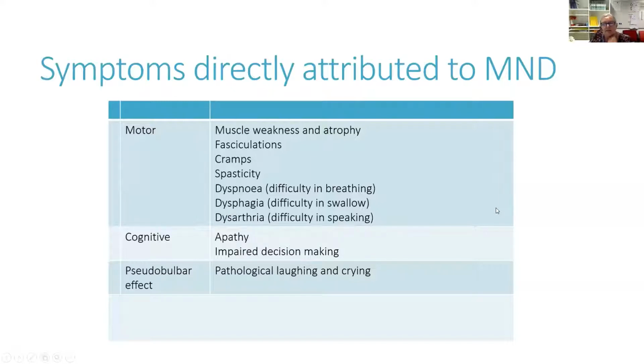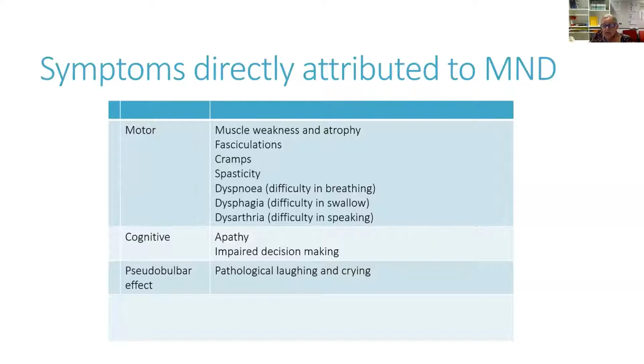So, some of the symptoms directly attributed to MND. I'm aware that you have lots of different symptoms, but some are caused by MND and others are related to complications associated with MND.